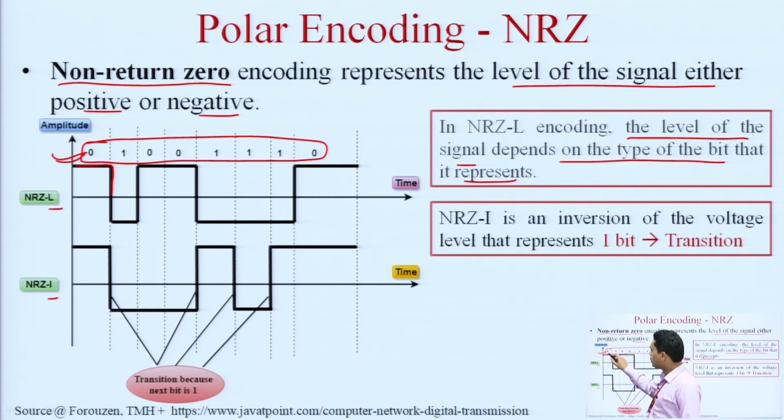Here if 0 is encountered, then we are moving towards the positive direction. If 1 is encountered, we are moving towards the negative direction. So, basically in these type of schemes, if you want to create your own scheme under the polar category, you can define it in such a manner between the sender and receiver.